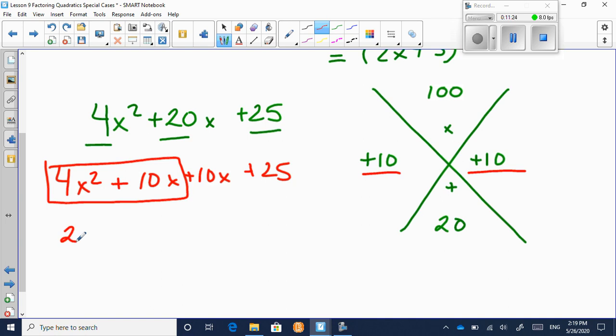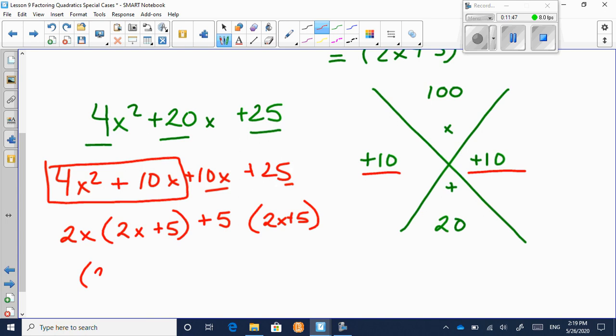And so we said, well, that's 2x times 2x plus 5. And then we rewrote that same bracket here. And then we were looking for a number that when multiplied into the brackets would give us these two terms. And I see that it's plus 5. And then we put it all together and you get 2x plus 5. We put this and this together. And then we just pull the other bracket down.